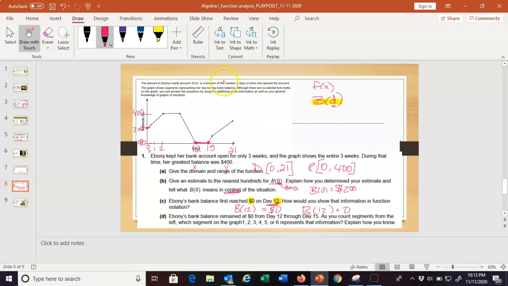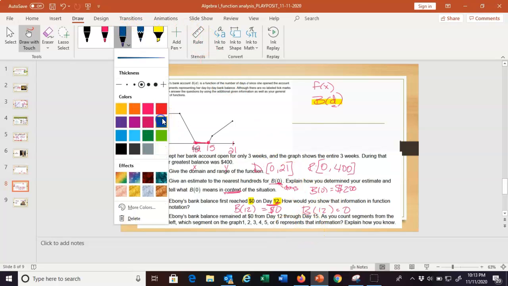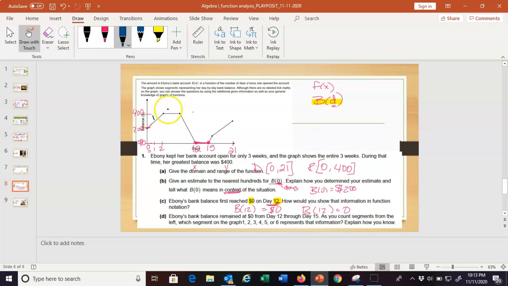Explain how you know. So if we label these segments, segment 1, segment 2, segment 3, 4, 5, 6, right? There are 6 segments. And I labeled it essentially already. You guys can see this is the segment that goes from 12 to 15. Segment 4, so it's segment 4.